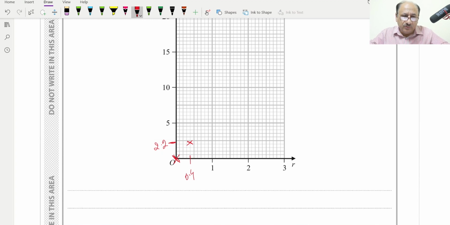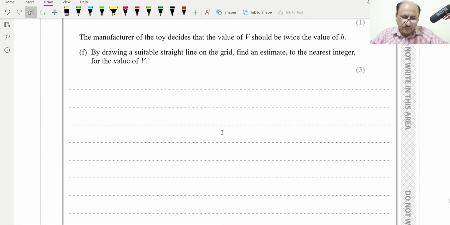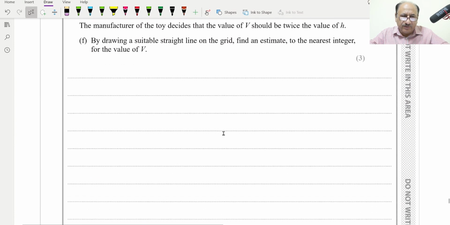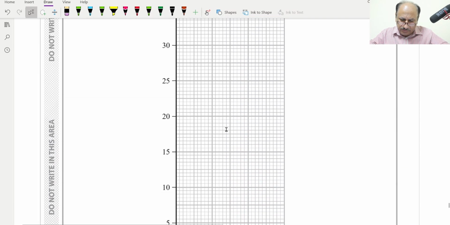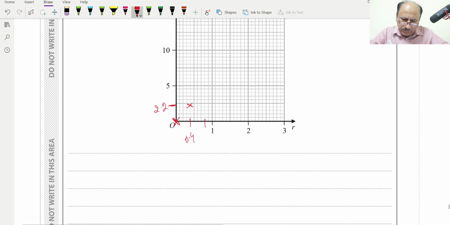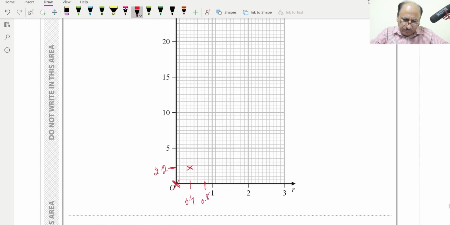The next value is 0.8 and 7.9. 0.8 is over here, and 7.9 will be closer to 8, over here. So we can mark it over here.